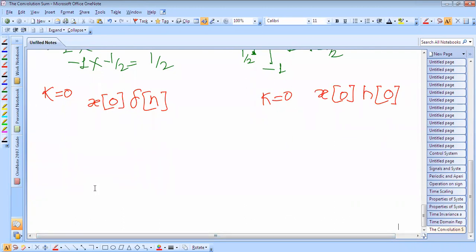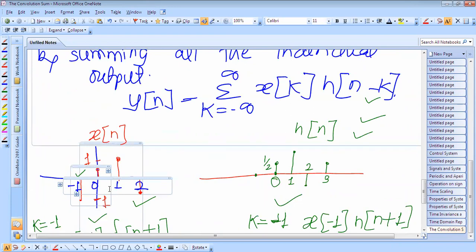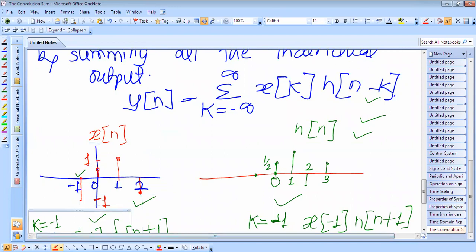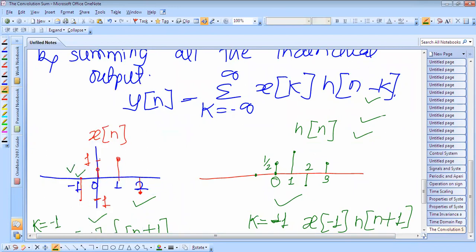We have to find the input. Okay, for the first case we have considered this input. Okay, now we will consider this input. What is the value here? It is a half.